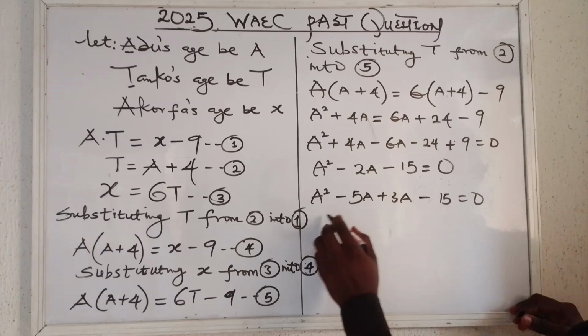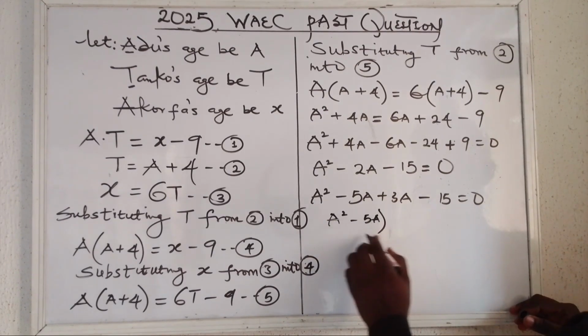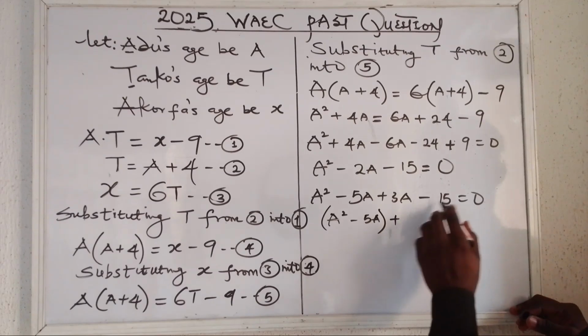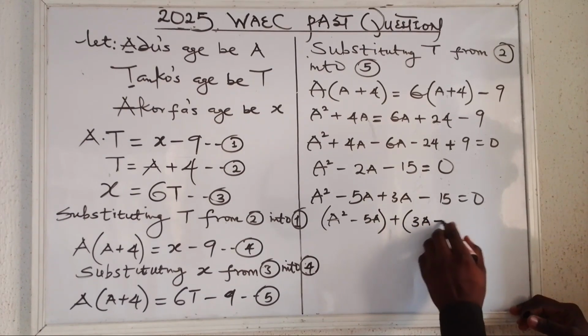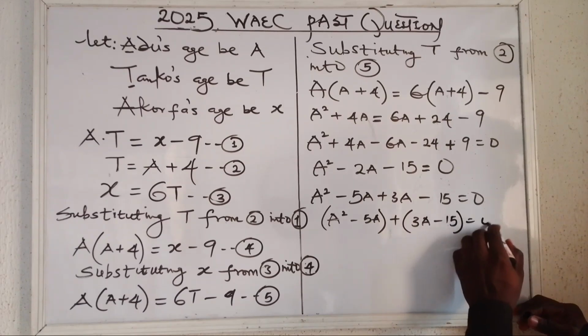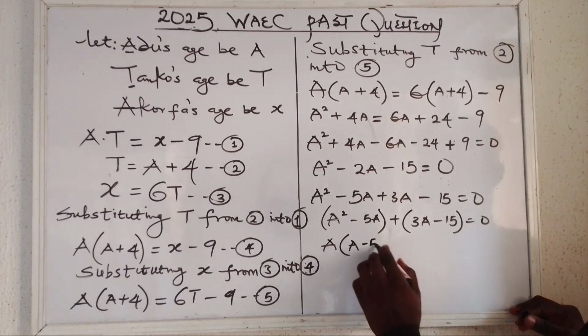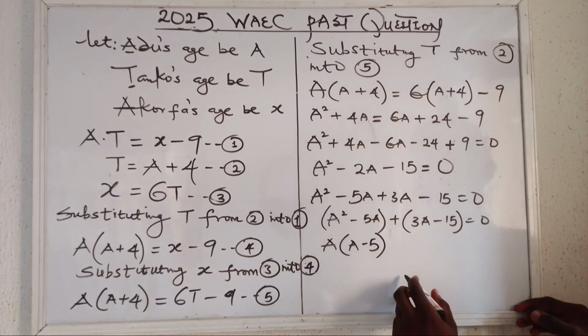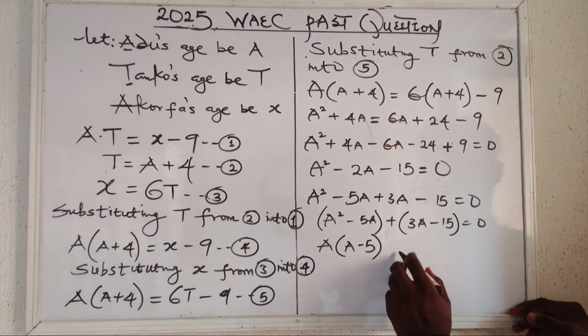So from here, you can break them in twos. You have a square minus 5a, then plus 3a minus 15 equals 0. So factoring out a here, you have a minus 5. Yes, a minus 5.